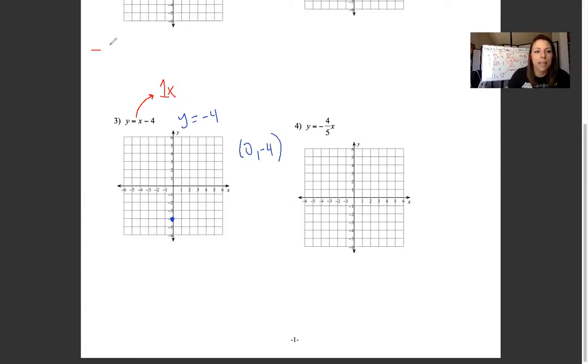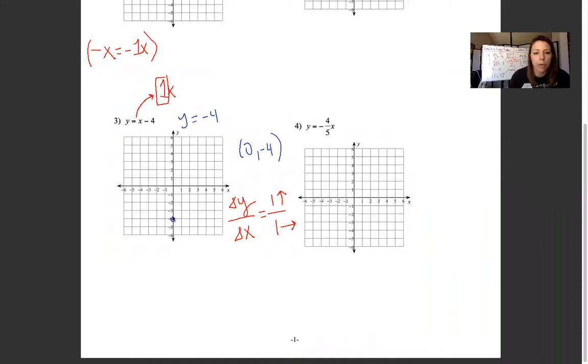Or if you see something like -x, that's the same as -1x. Just keep that in mind. So here, the slope is actually 1, which as a ratio of change in y over change in x would be 1/1. Again, because the slope is always right, that means I'm going up 1 and right 1.